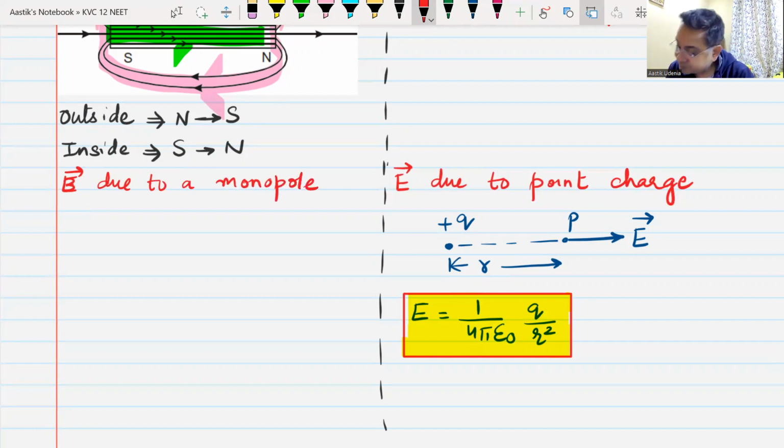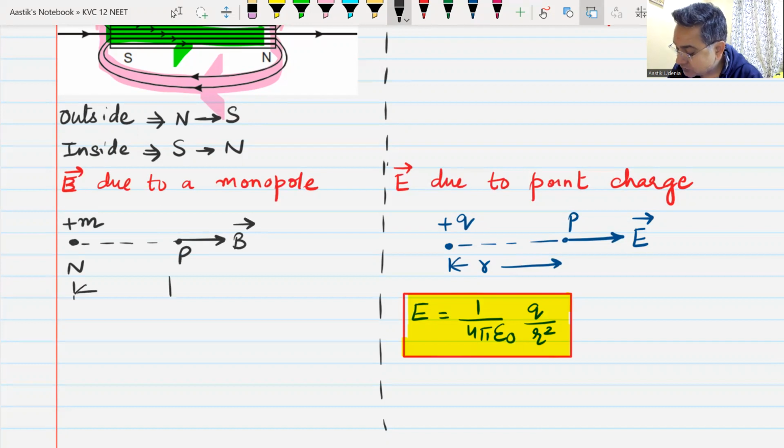But still, theoretically, we can write the magnetic field due to a monopole. If I have a plus M pole, which is nothing but a north pole, at this point P it will create a magnetic field which will go like this, B vector.